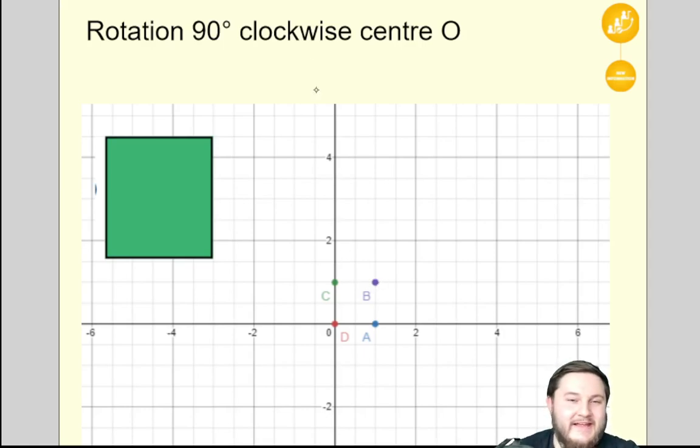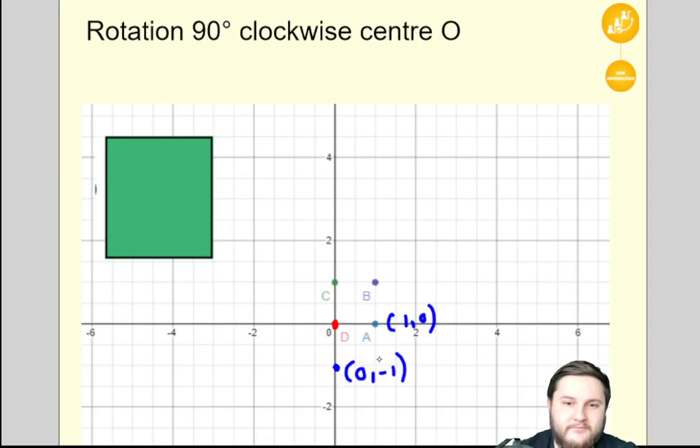So if you take these coordinates again, you rotate 90 degrees clockwise about the centre. Well, D again is invariant. A is going to be rotated round to here. If it's 90 degrees clockwise, it goes that way round. So it goes from being 1, 0 to now being 0, minus 1. This B point over here is going to be rotated around to here.